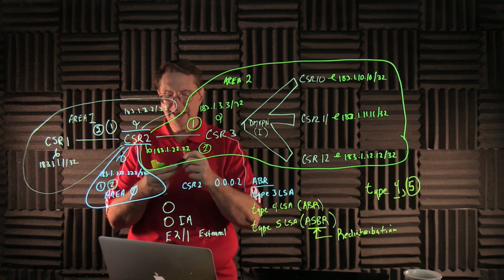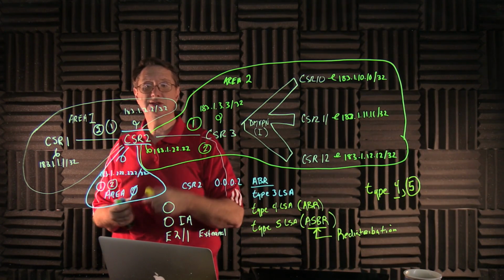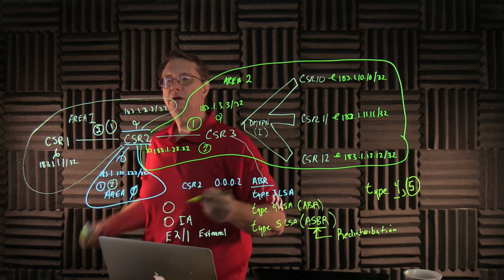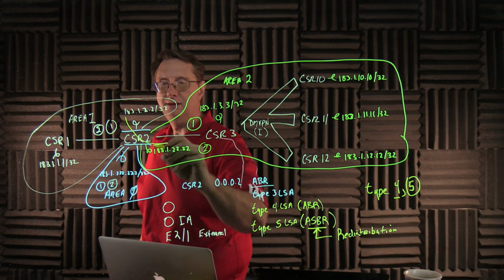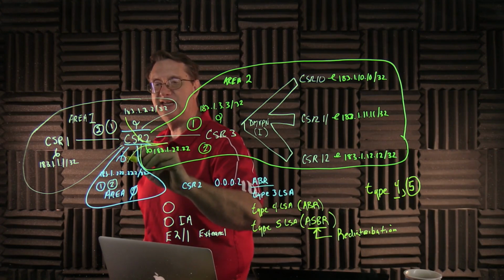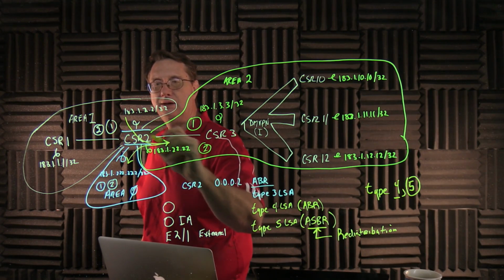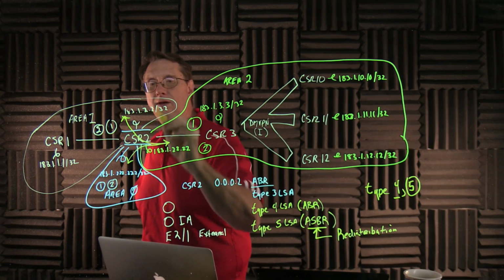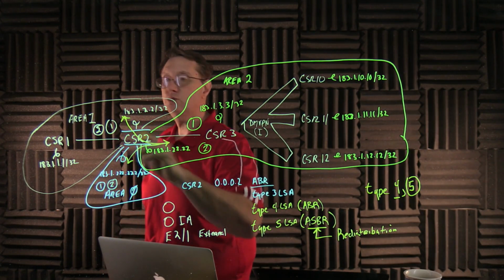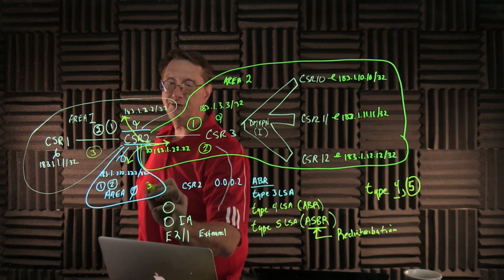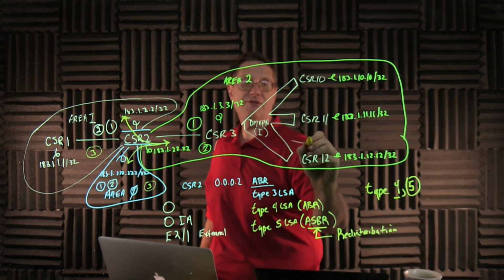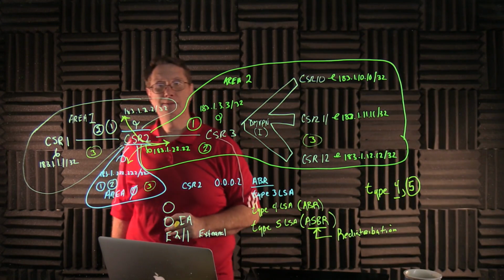At the boundary of each of these processes, the ABR is going to actually translate and send type 3 LSAs, which go everywhere. So a type 3 LSA appears here, type 3 LSAs appear here, type 3 LSAs appear here.